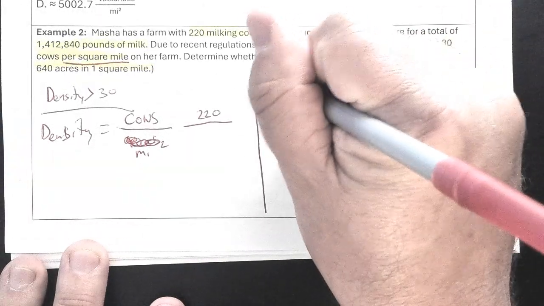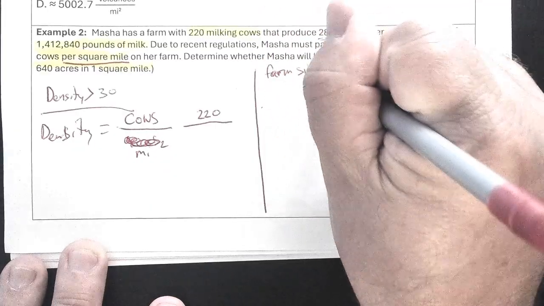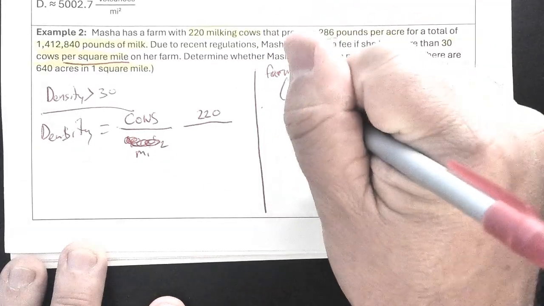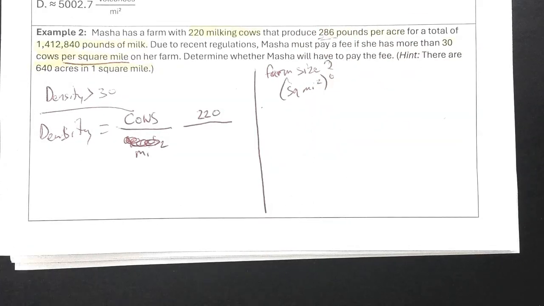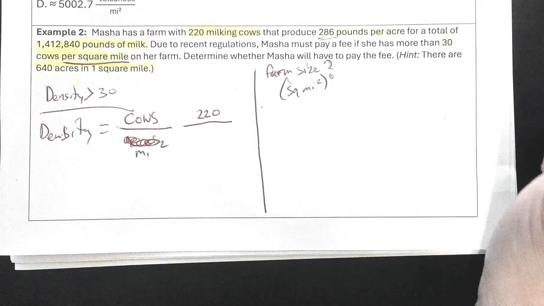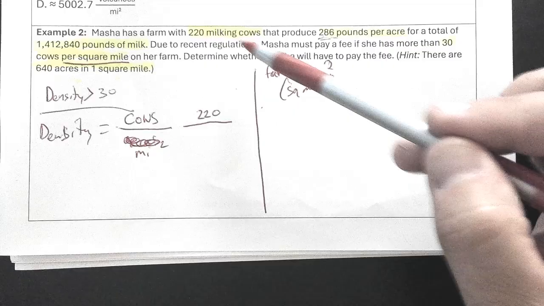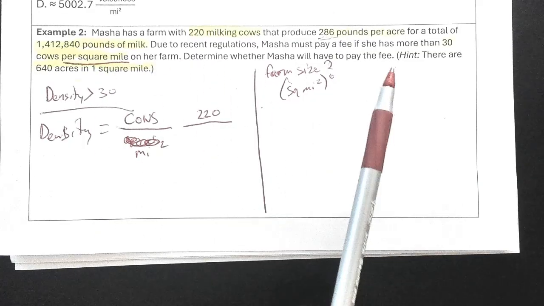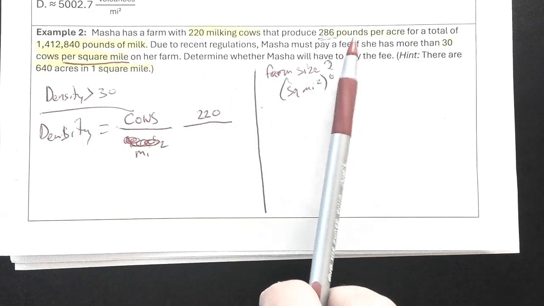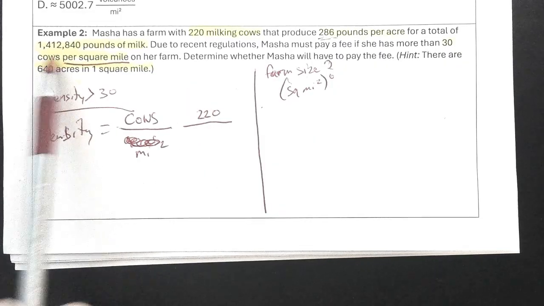So we're looking for farm size. And we need to know it in square miles. So here's how we're going to do that. Step one, we know the 220 cows, that's fine. That goes here. Forget all that beyond that. We know that those cows produce that 286 pounds per acre. And we know the total is 1.4 million.